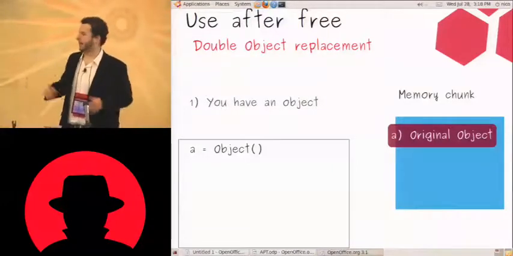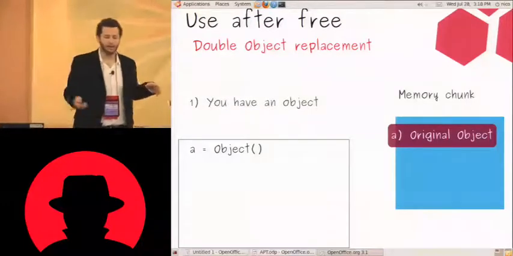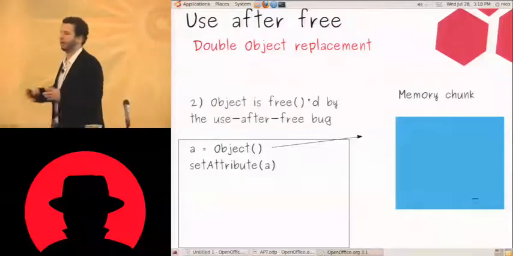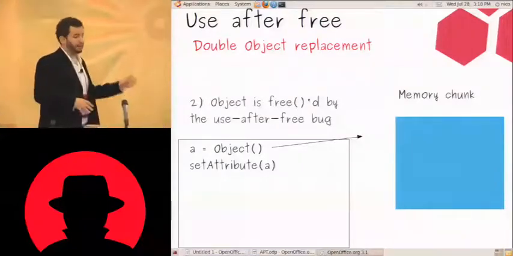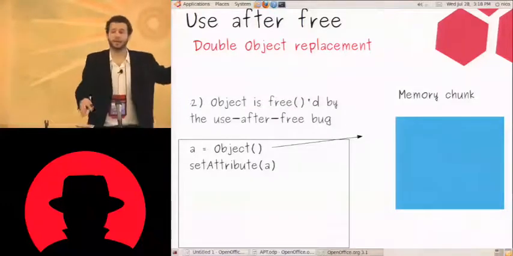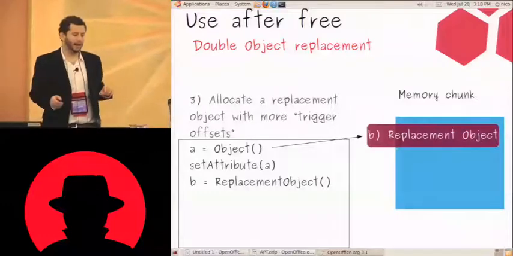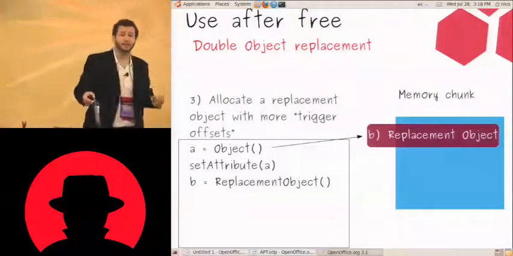Basically, as in every use after free, you first have your original object, and then you call set attribute in order to release and free that object. The object was freed, but A is still pointing there. That's the whole point of a use after free. And then basically what you do is you find a replacement object which allocates some memory.